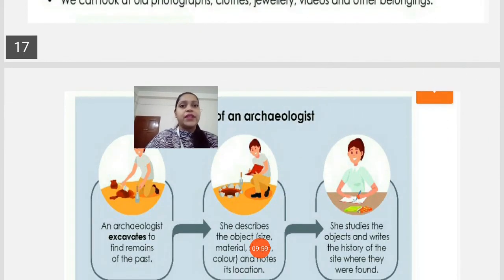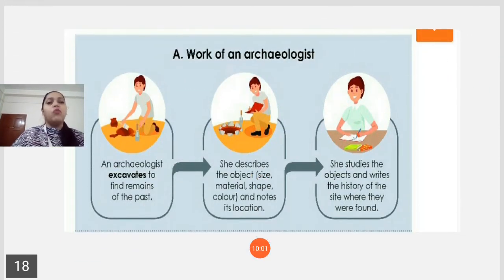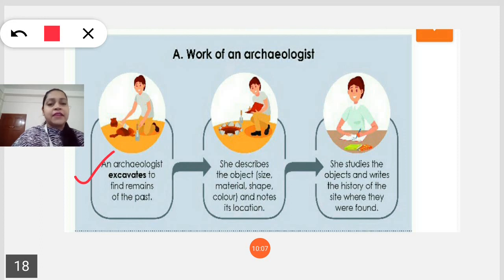And lastly children, we have the work of an archaeologist. So who is an archaeologist, children? An archaeologist excavates to find remains of the past. Okay, so what does an archaeologist do? Digs up the ground to find what is there inside the ground, and whatever things they get inside the ground, they study the past.